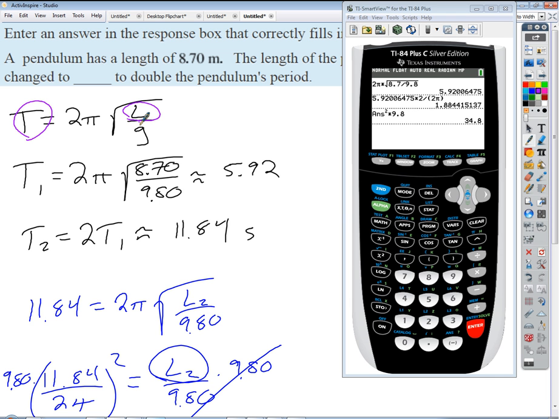So T is proportional to the square root of L. So in order to double T, how much would L have to be increased by, being that it's inside the square root? 4, because the square root of 4 is 2. Does that make sense? Okay.